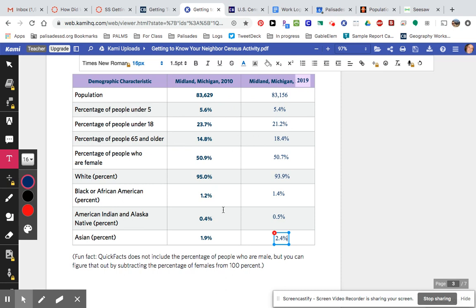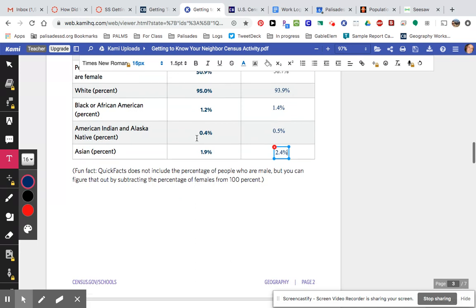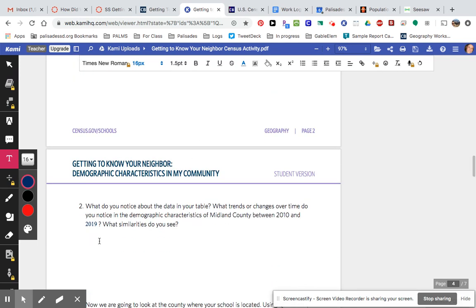For the most part, we see some ups and downs in general, but I think we see the most significant change there. So I might just make a note of that. I'll put a little type box here. When I look at the data, I see that the number of people 65 and older has increased.